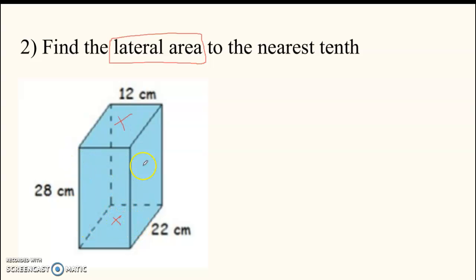We have the front piece, which is 2 times, not 2, it's 12 times 28. I multiply by 2 because there's a front and then there's the back. Then I have the right side and the left side, and there are 2 of those, so it's 2 times 22 times 28. Remember, if this is 28, this is also 28. This is 12, this is also 12. That's where I'm getting these numbers from.